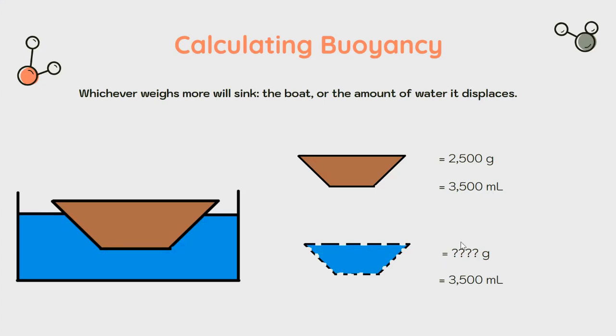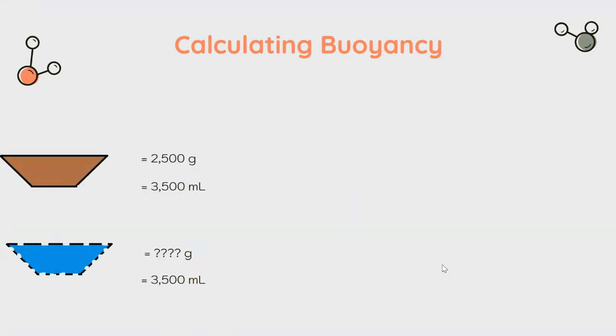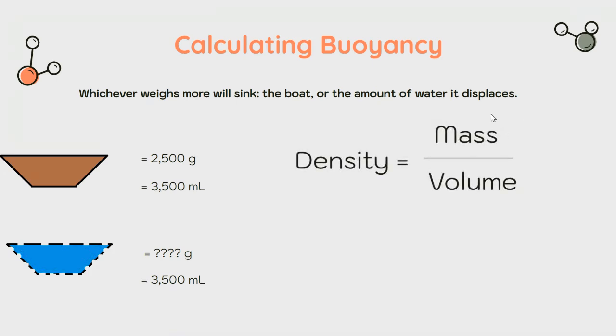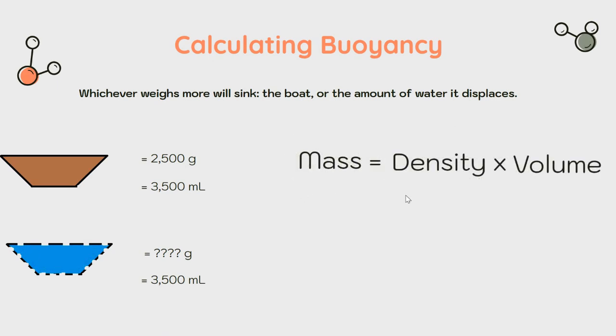So how can I calculate this mass of water? Well, let's take what we know and that one thing we're trying to find here and list them. Remember that whichever weighs more will sink, the boat or the amount of water it displaces. We know density equals mass divided by volume, but if we do a little bit of algebraic manipulation, we can find that mass is equal to density times volume.